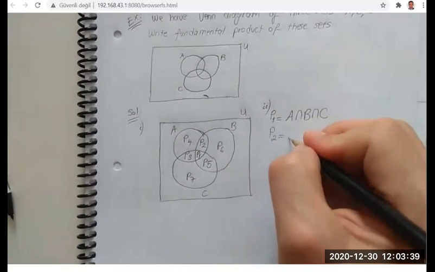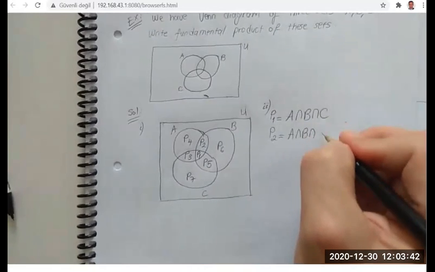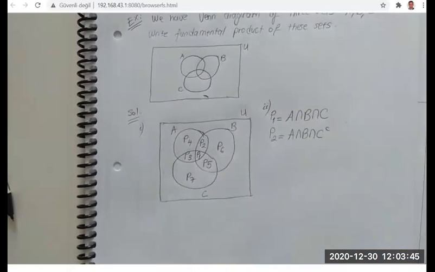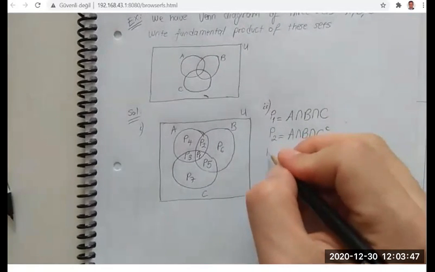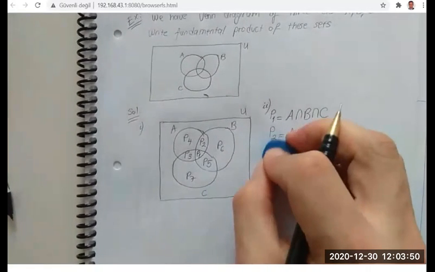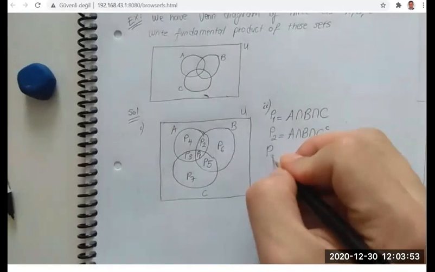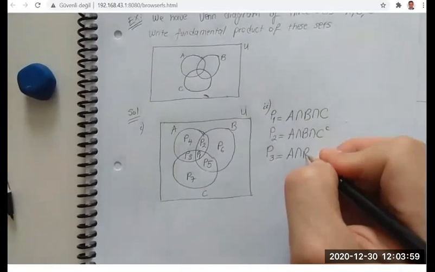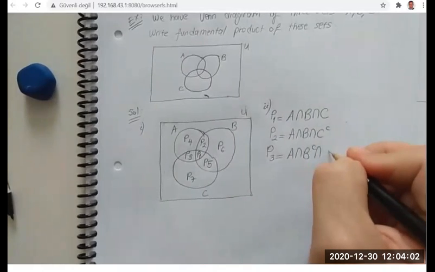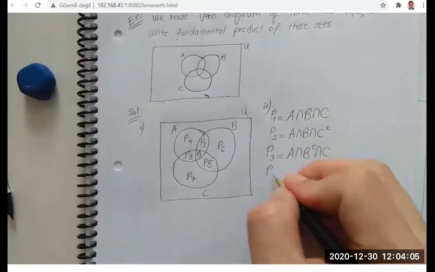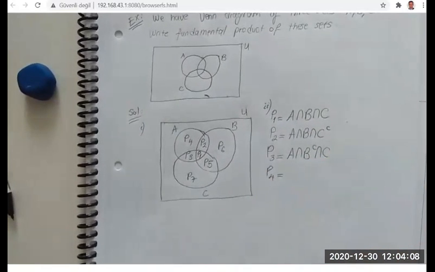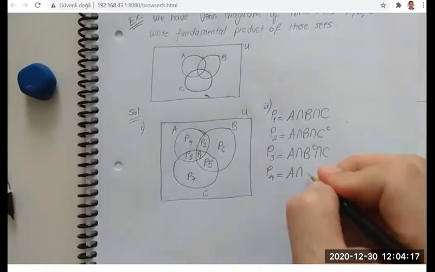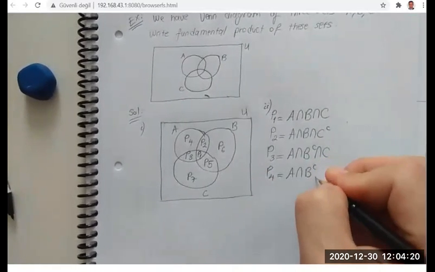P2 is A intersect B intersect complement of C. P3 is equal to A intersect B complement intersect C, and P4 is A intersect B complement intersect C complement.